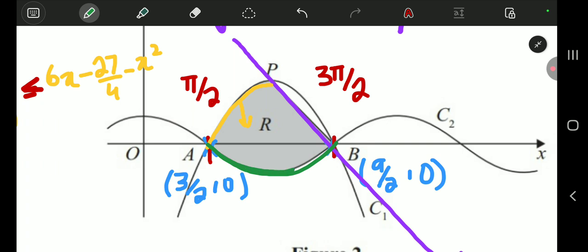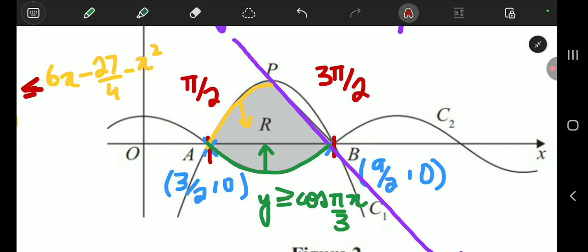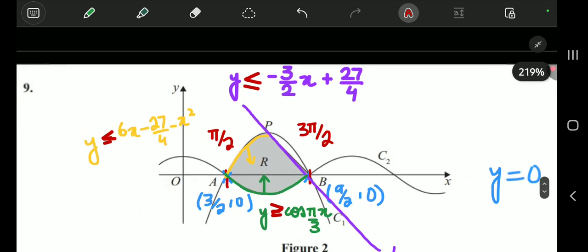This is your curve of the equation y equals cos kx, or you can substitute in the value k, that is pi over 3. For this region, do we need to go up? Yes, the y values are going to increase. So for this reason, y should be greater than or equal to cos pi over 3x.